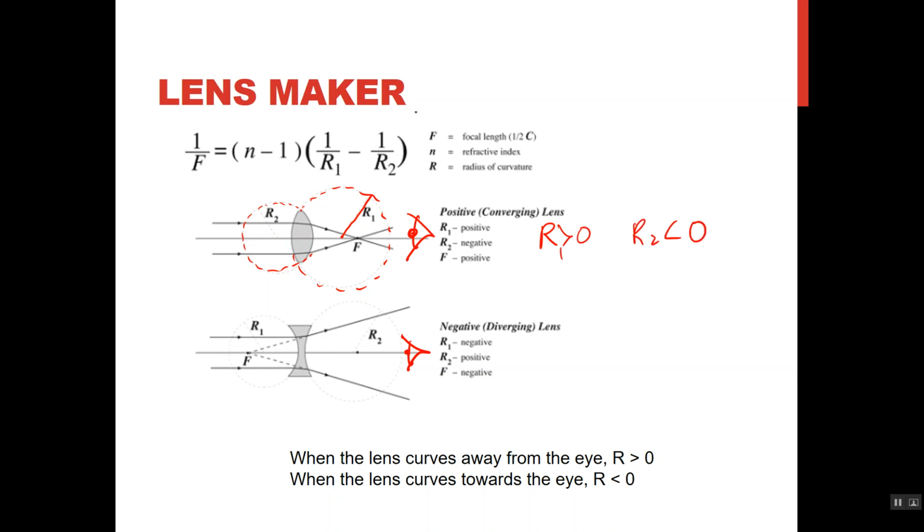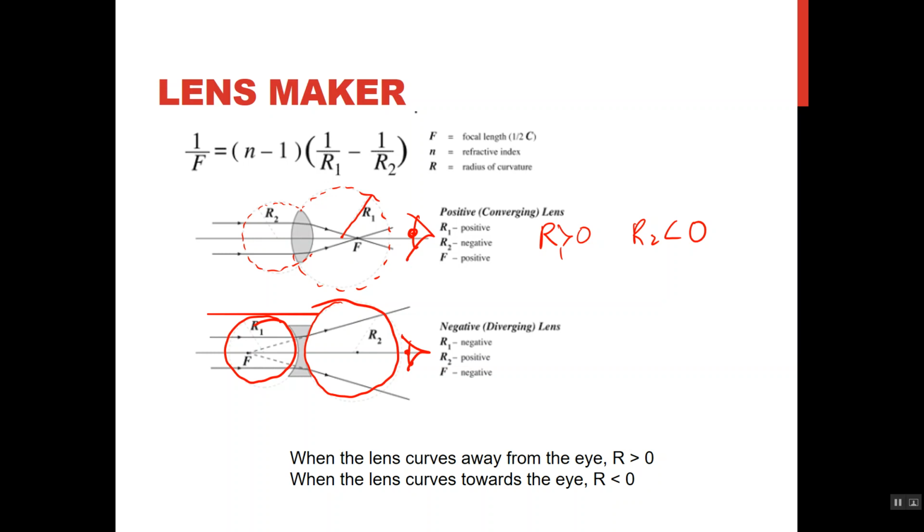Here are the two radii of curvature. It's first hitting this surface, so that has to be R1. The first surface that gets hit is R1. Is it curving towards the eye or away from the eye in this case?